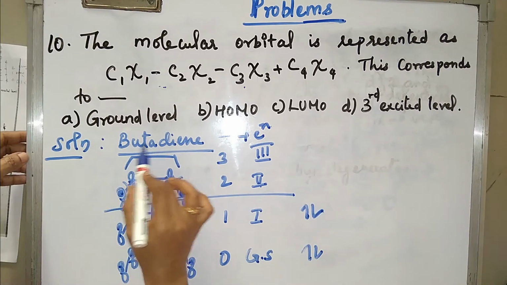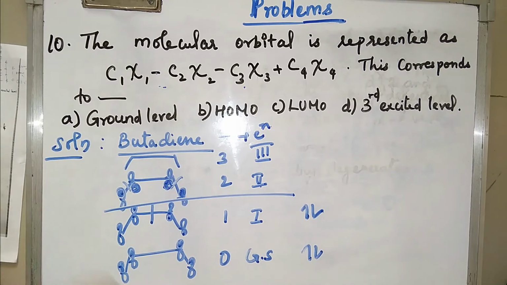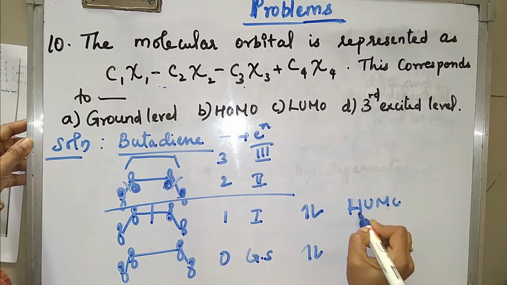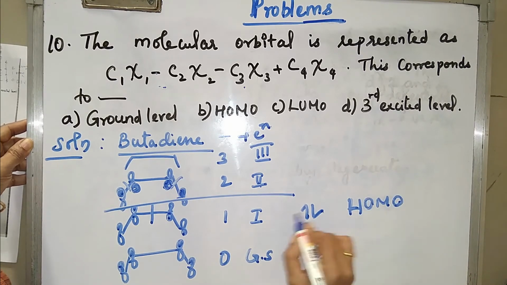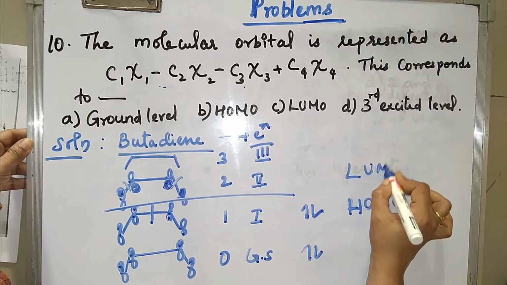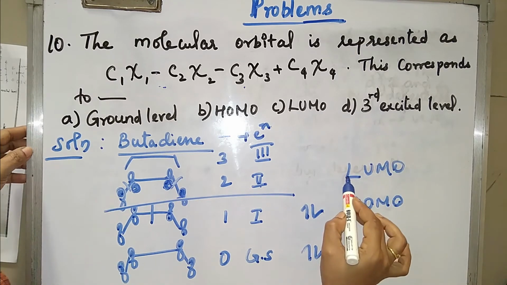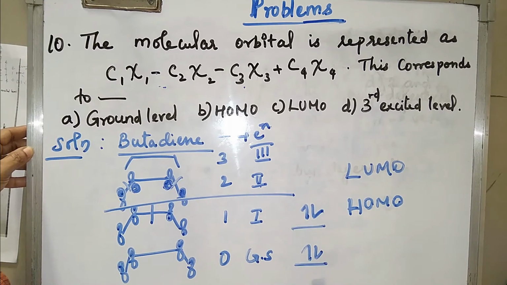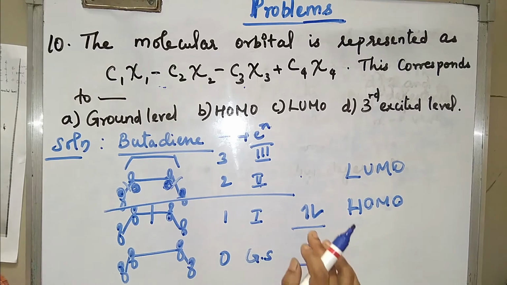So this one is the HOMO, highest occupied molecular orbital. This is the LUMO, lowest unoccupied molecular orbital. This is not occupied. These two levels are occupied, and the second and third excited states are not occupied.